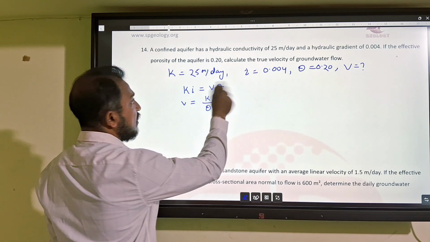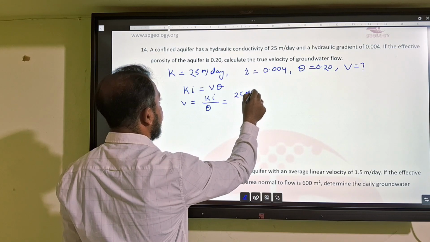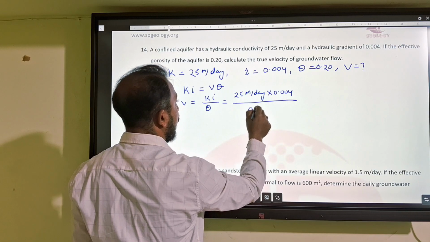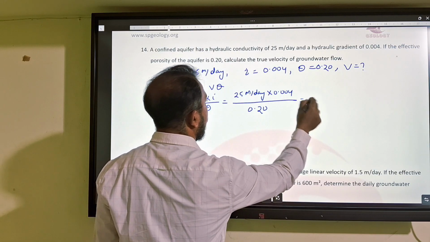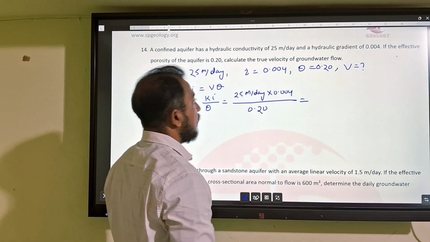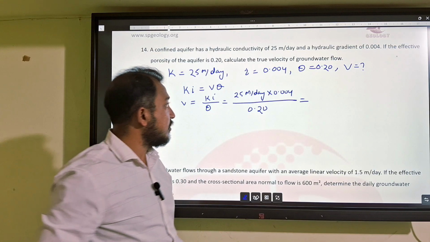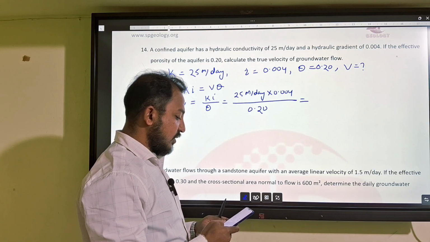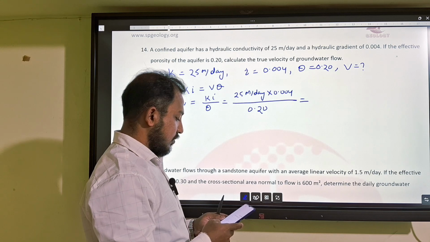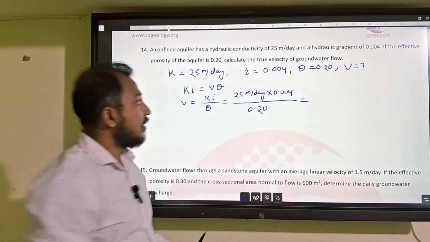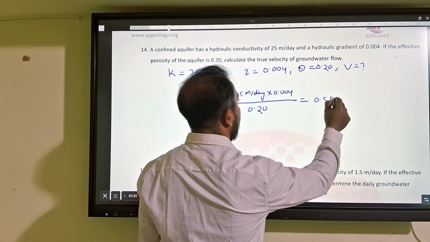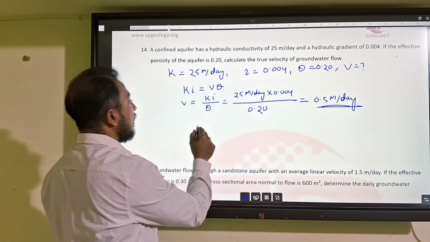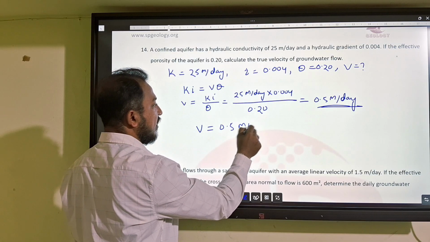So K is given 25 meter per day into I 0.004 divided by 0.20, which will be equal to 0.5 meter per day. So the answer will be V equal to 0.5 meter per day.